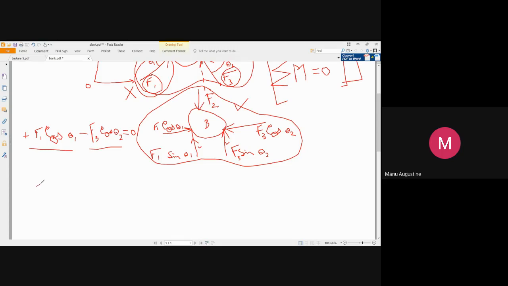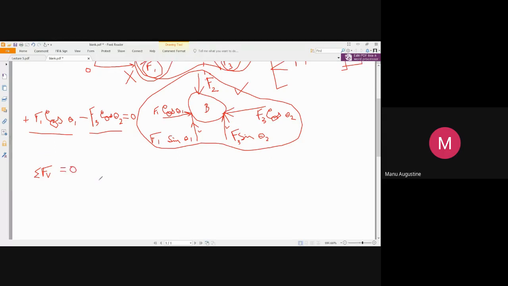So if I say that the summation of all the vertical forces must come out to be 0 for the body to be in equilibrium, that means F1 sine theta 1 with a positive sign plus F3 sine theta 2 with a positive sign minus F2.